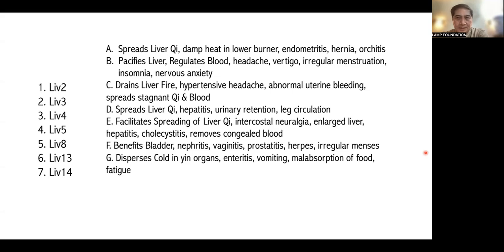Pwede to. Okay, bakit let's say, nagkakaroon ng urinary retention ng isang taong merong liver issue? Usually, Doc, di ba nanggaling sa ano to? Nagkaroon ng liver chi stagnation to before nagkaroon ng retention. So mga tumagal ito ng tumagal, nagpatong-patong yung kanyang mga issues. Okay. So, related sila. So, what do you think is the primary reason why pwede natin gamitin ang liver 4 sa isang kidney issue?